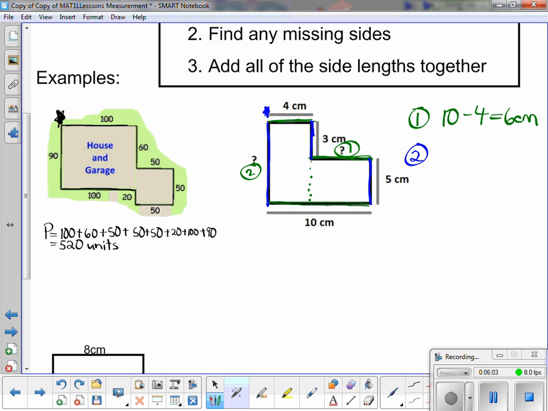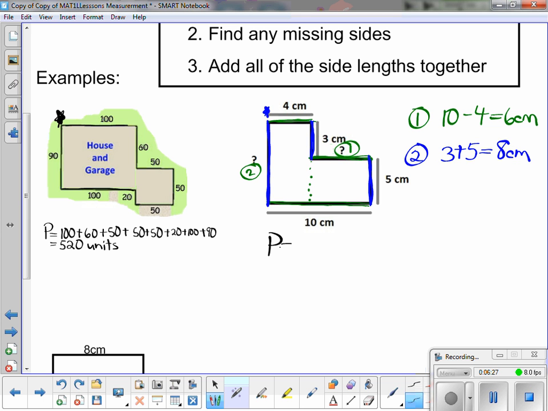If I add that 3 and the 5, that would be the same as my number 2 that I need to find. So I'm going to take my 3 and add 5 to it, and that gives me a total of 8 centimeters. Now I have found everything I need for the perimeter, so it's just a matter of adding everything together.